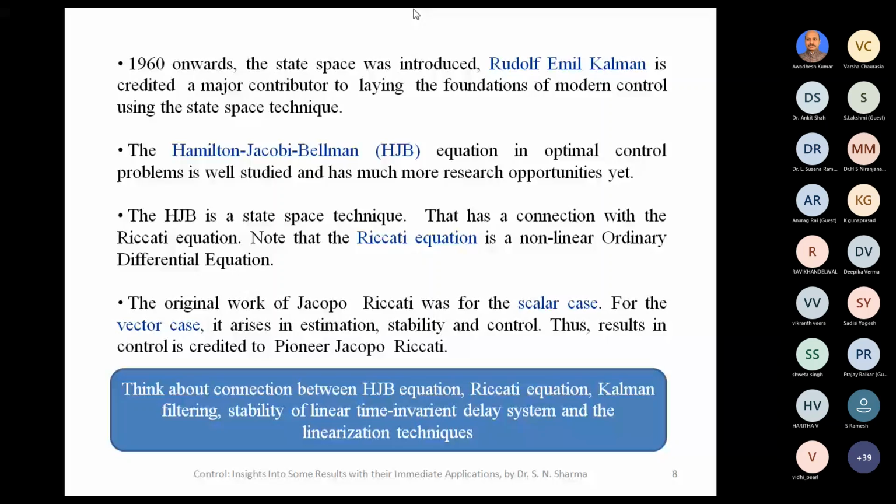The Hamilton-Jacobi-Bellman equation comes from dynamic programming for control theory. Later, for the stochastic case, HJB was derived. Now the Hamilton-Jacobi-Bellman equation is not only in control theory.